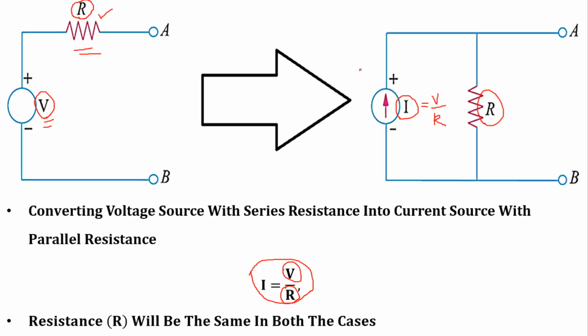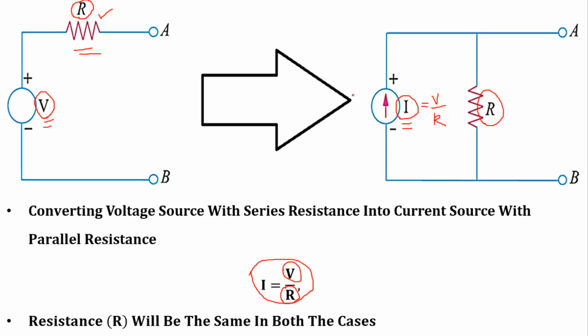Clear? So when we convert a given voltage source with series resistance into a current source with parallel resistance, then current I is equal to V by R, and the parallel resistance will be the same as the series resistance.